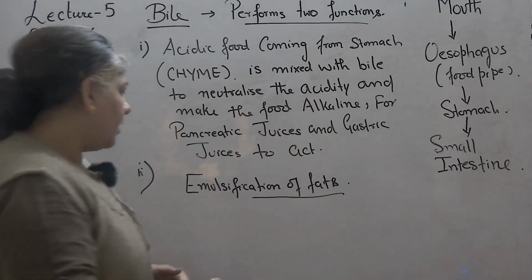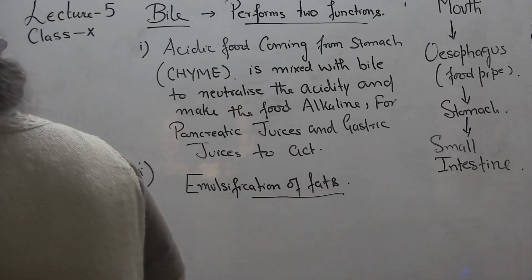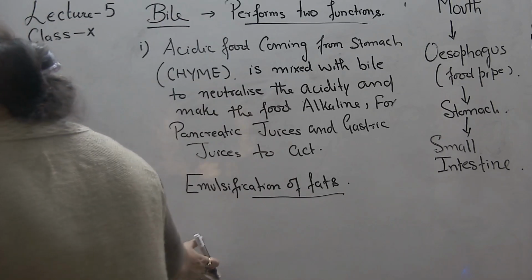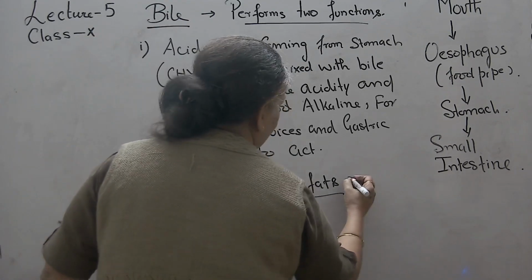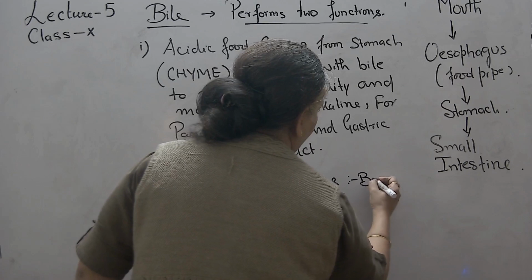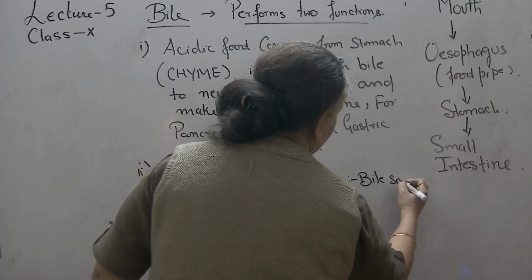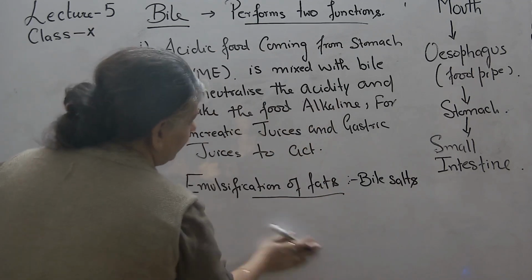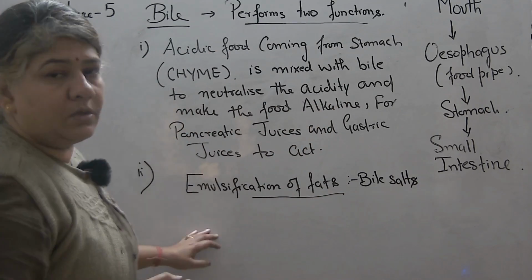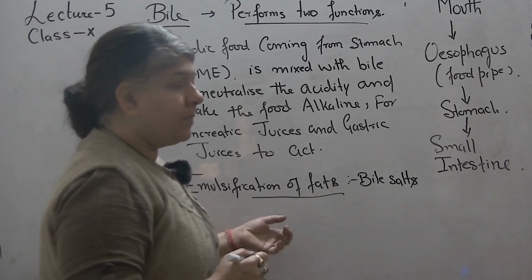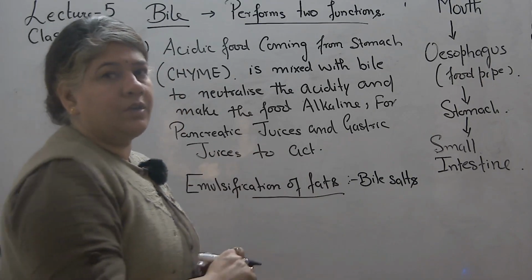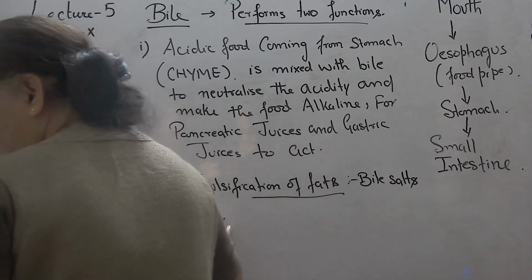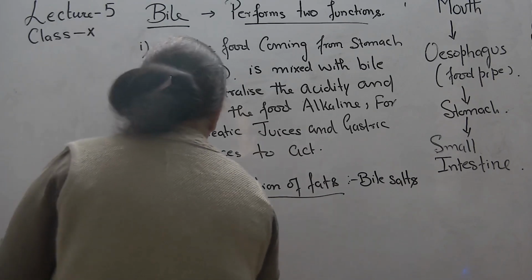So you can write down: bile salts reduce surface tension of fats. Every cleaning action of detergent is also emulsification. So there also surface tension is reduced.